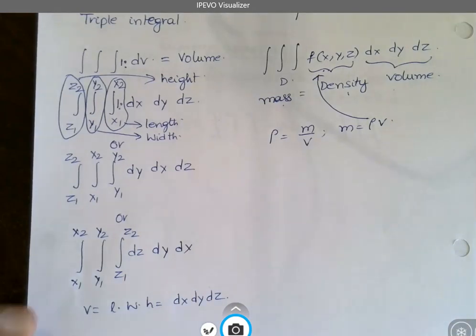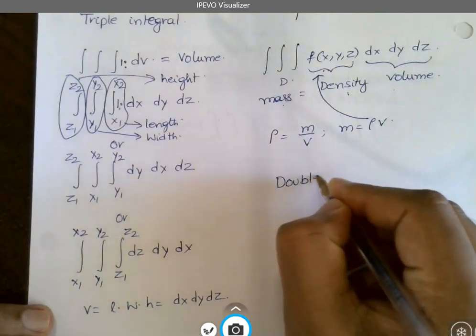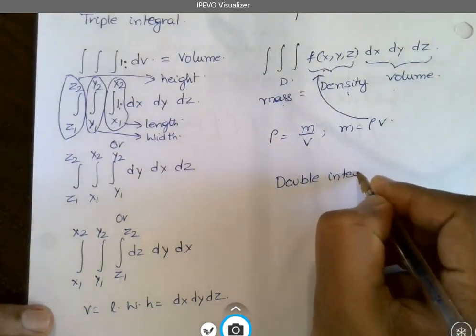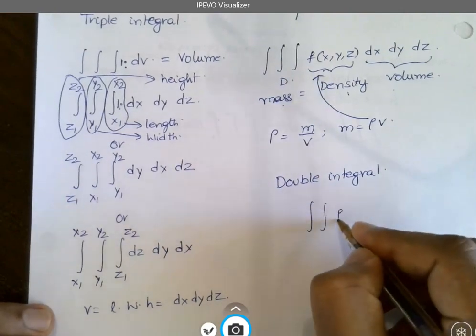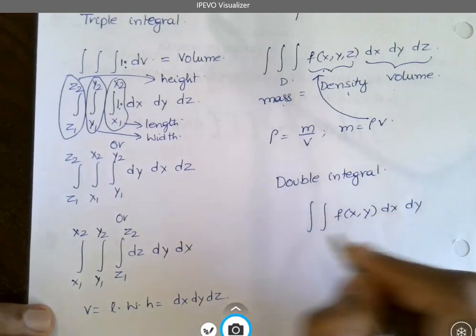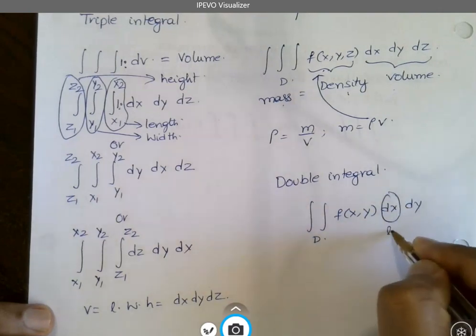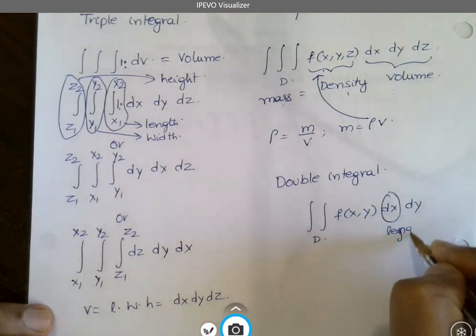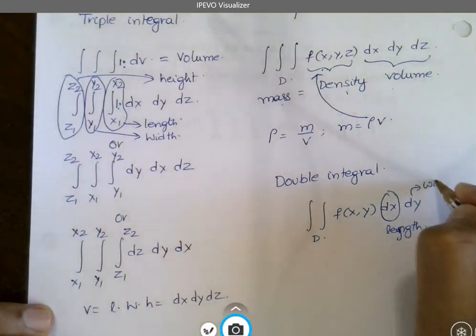That's the first thing. Then I want to compare and contrast it with the double integral. Let's say you have f of x, y, and you have dx dy over the entire domain D. So dx is going to be your length, and dy is going to be your width.